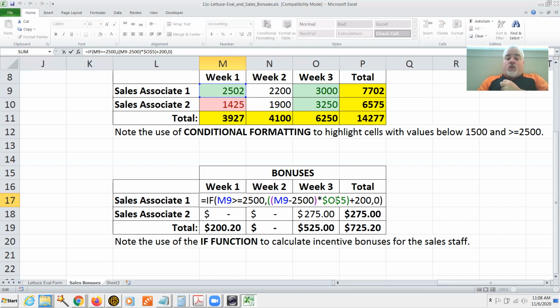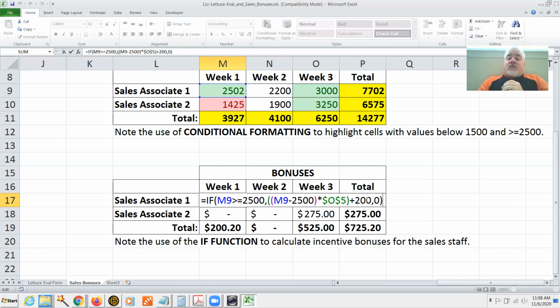$O$5. What's in O5? That is a fixed reference to that 10-cent bonus. Plus 200, because everybody who gets that 2,500, you start at 200. You get a 200, boom, bonus immediately.